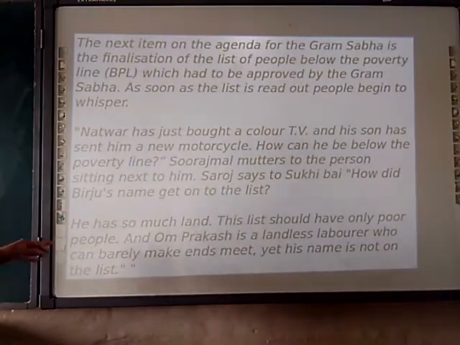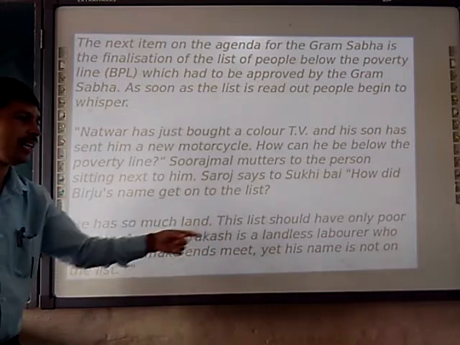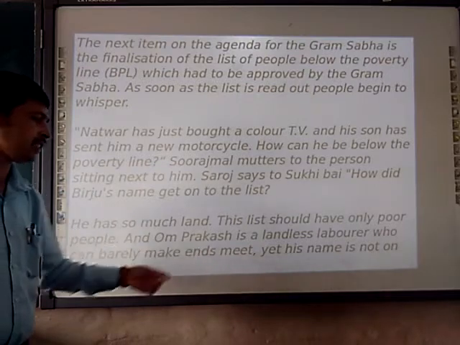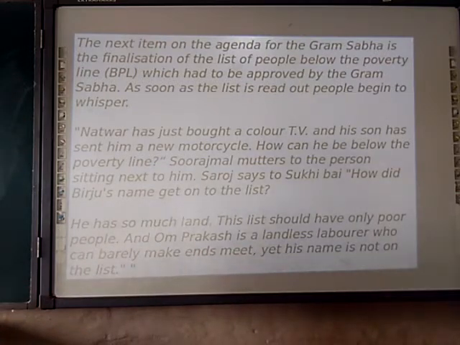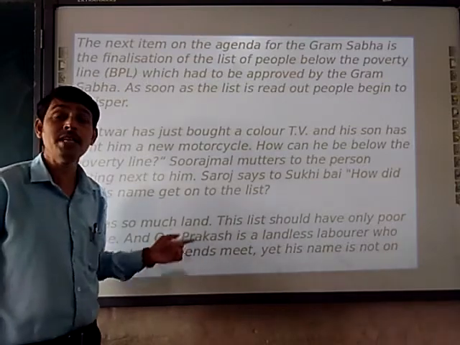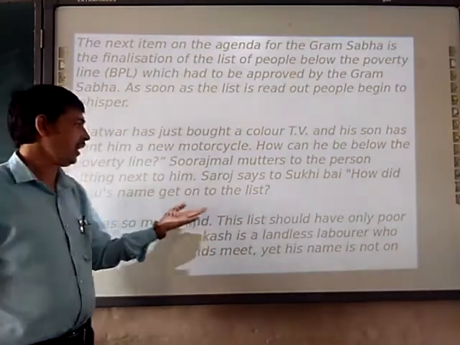So here he has so much land. This list should be only poor people, and Om Prakash is the landless laborer who can barely make ends meet, yet his name is not in the list. So the point is Om Prakash is below the poverty line but his name is not there, right?